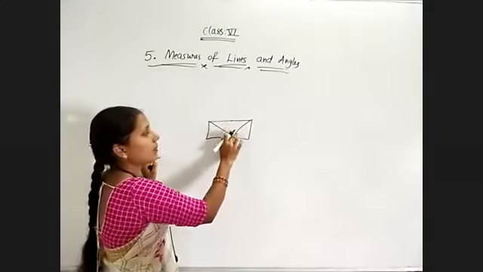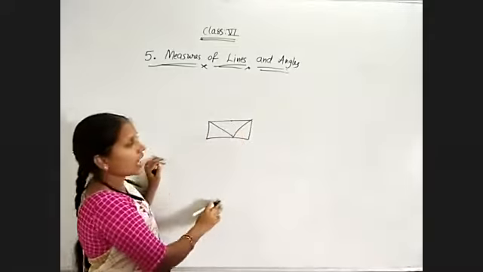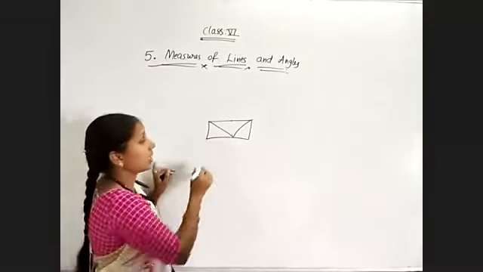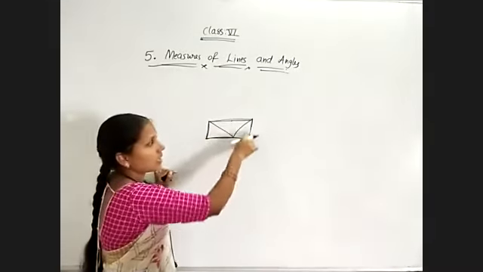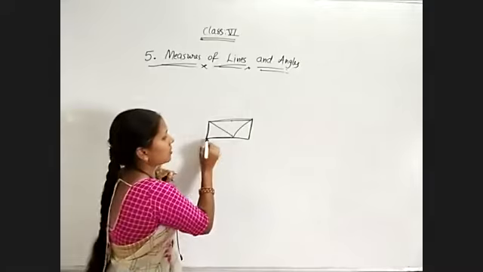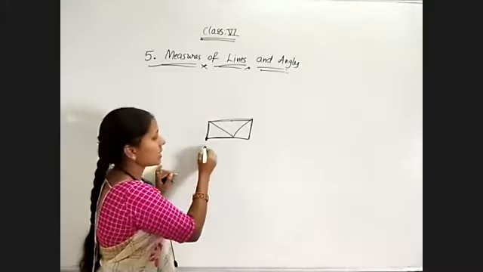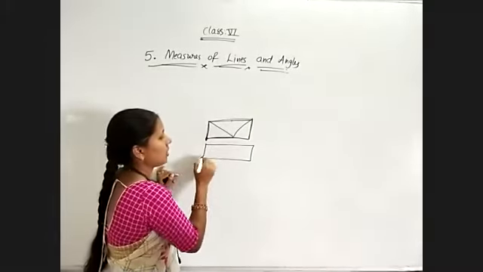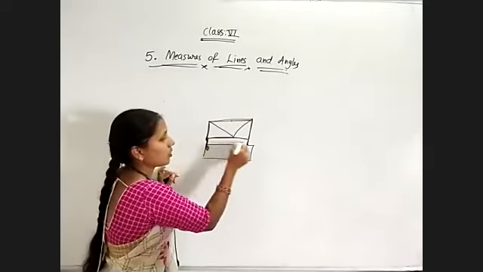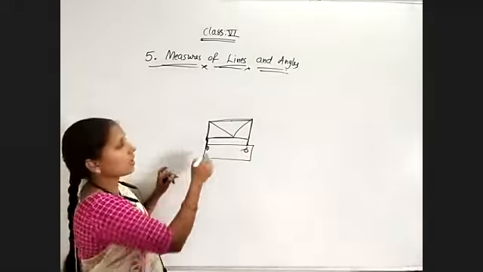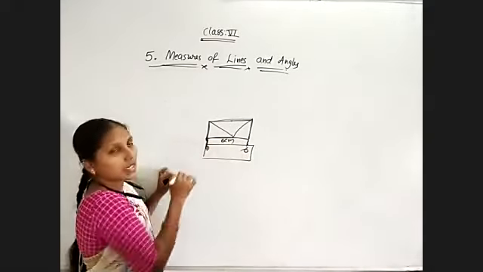In this envelope I want to find out the length and breadth, because it is in rectangular shape, no? For that, I need to take the scale, and I must observe the length from 0 to, suppose 6 we got. So the length of this line segment is 6 centimeters.